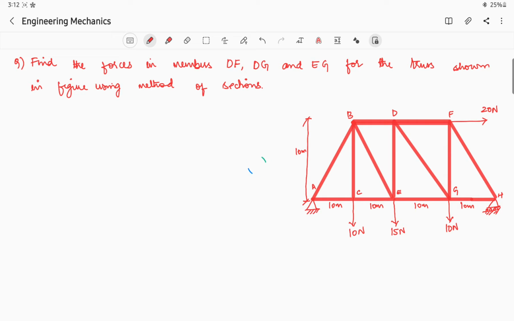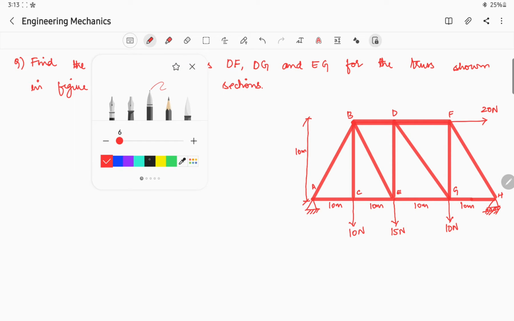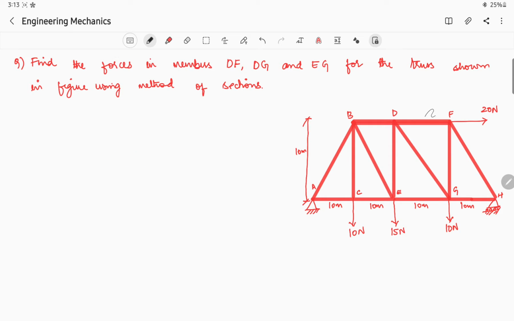The method of sections is very simple and not as lengthy as the method of joints. Here the questioner is asking us to calculate the forces in member DF, member DG, and member EG.